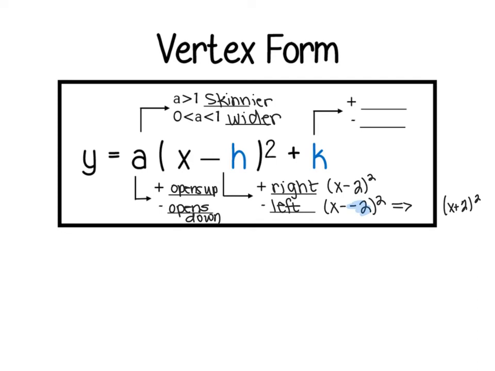Lastly, our k: if we have a positive k value, the graph will shift up. And if we have a negative k value, it will shift down. So just a reminder about what each of these letters in the formula mean.